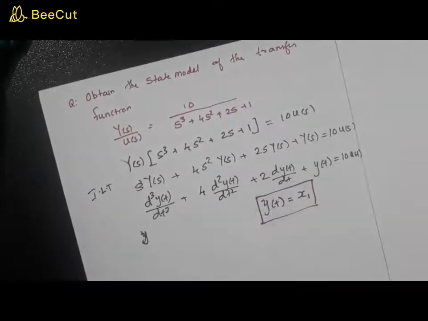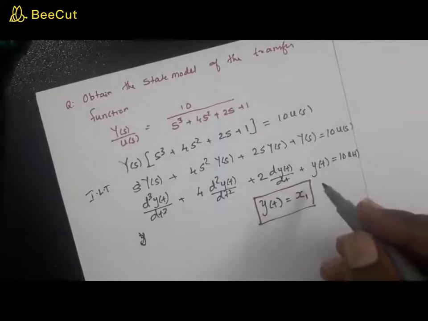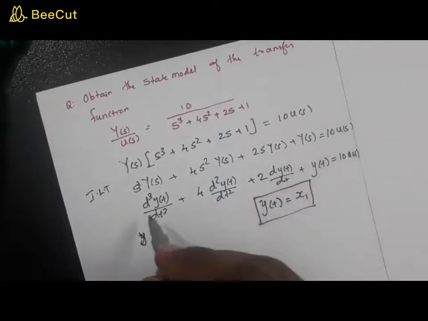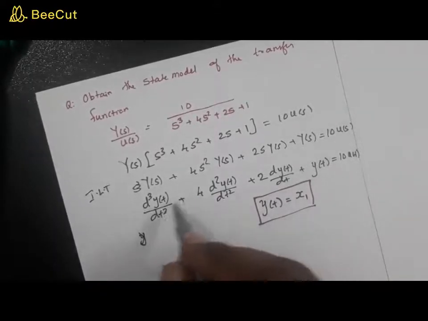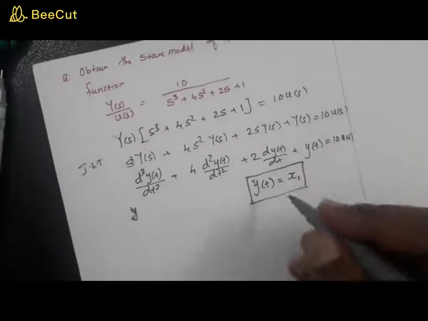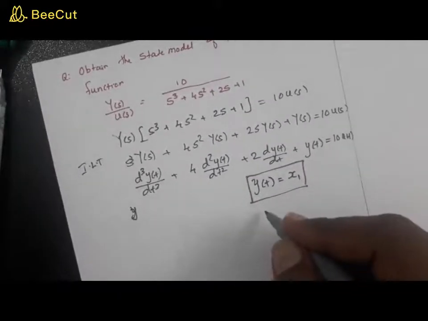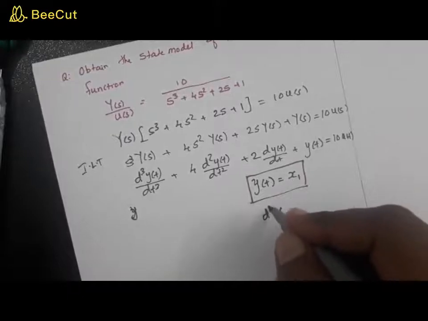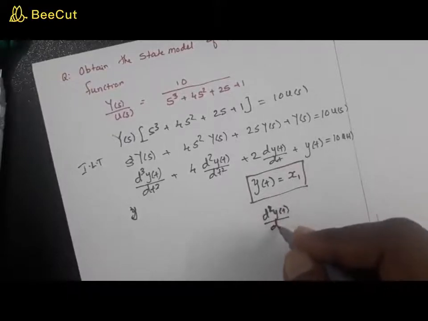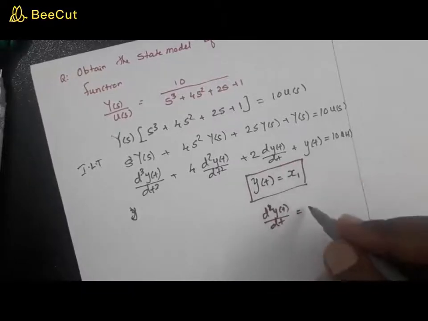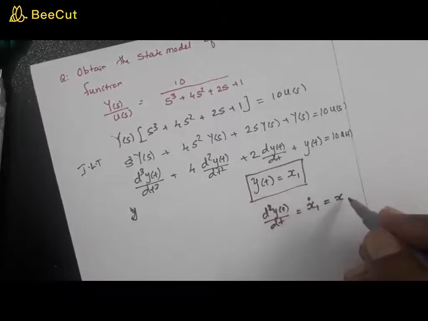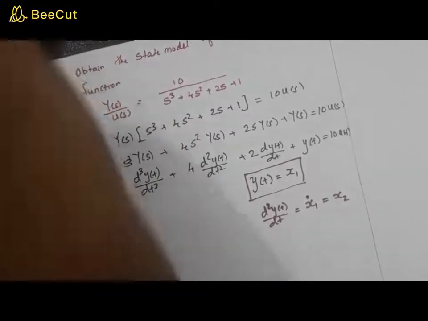So x1 is defined as y(t), and how many state variables will you have? You will have 3 state variables because it is of order 3. So you can assign dy(t) by dt as x1 dot, which is your second state variable.